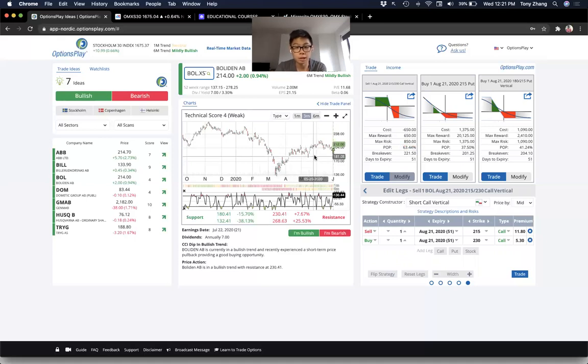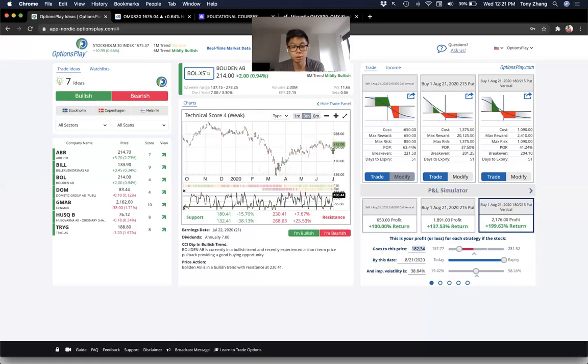So in this particular case, if you do think it's going to revisit maybe 185 or so, which is a pretty big target to the downside, as you can see here, that's really where the debit spread shines, almost 3 to 1. Here you're making 1,900 crowns. Here you're making only 650 crowns. Your risk is a little higher here, but not by a whole lot, but you're potentially making a lot more money.